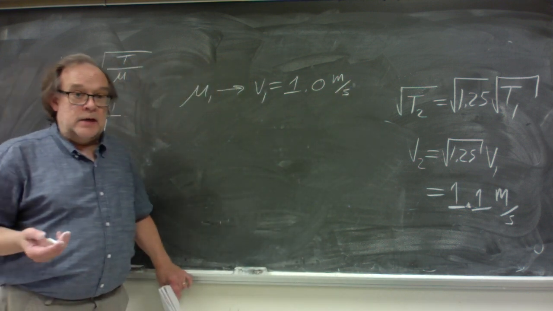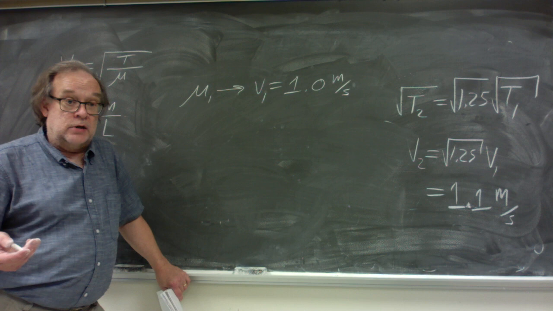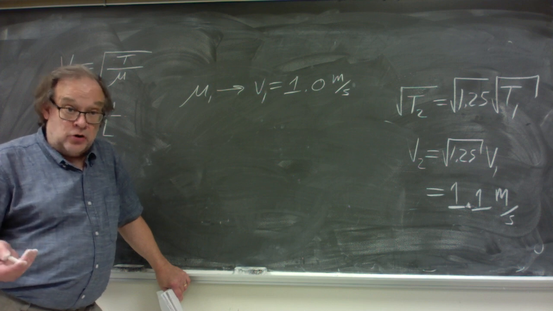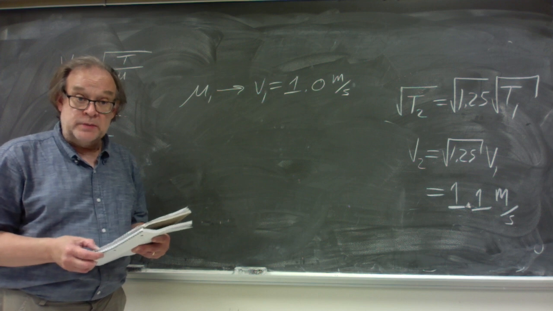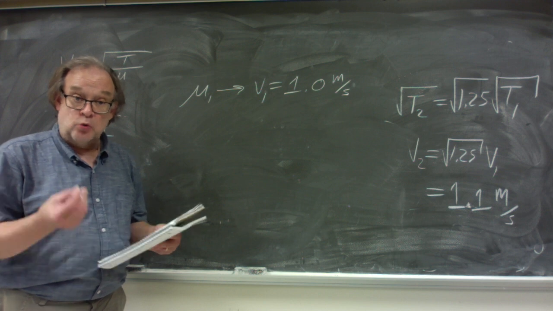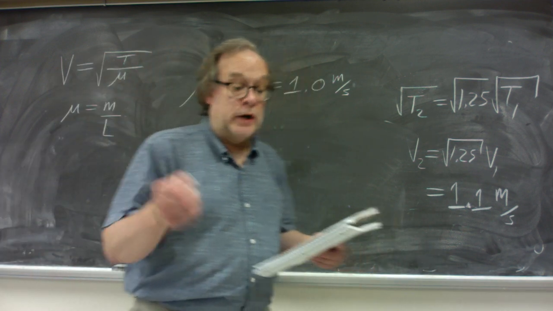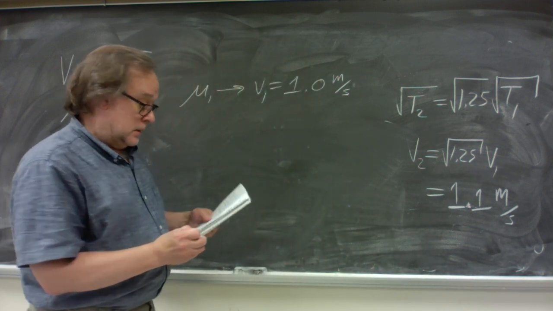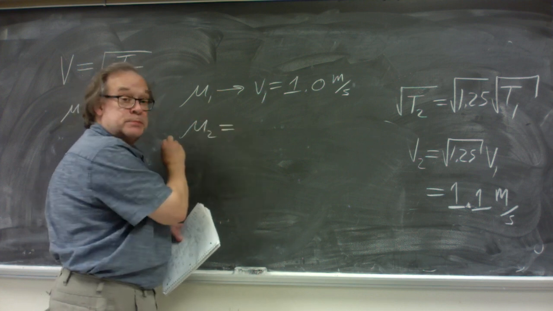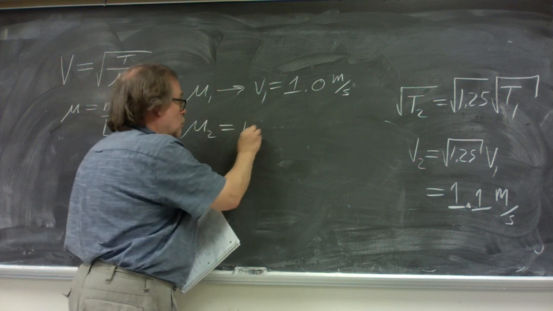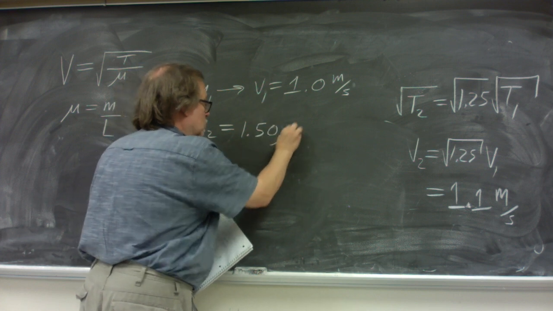Now, imagine replacing that string with a thicker string. Thicker means more massive, which means more mass per centimeter, more mass per millimeter, whatever. So let's say the new mass per length is 1.5 times the old mass per length.